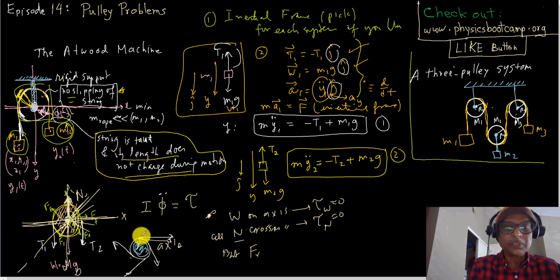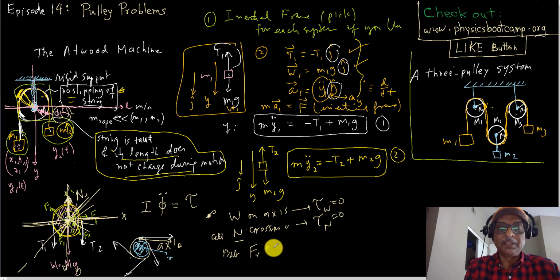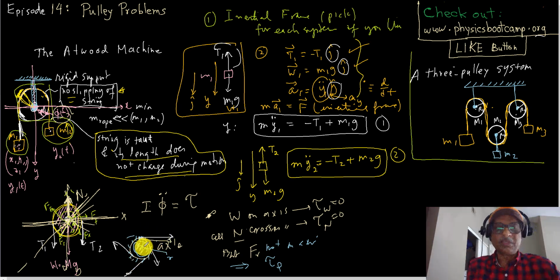So those are the frictions the axle is applying, and this is the radius of the axle. The friction is not on axis, so there will be torque, and we're just going to say torque from friction. You'll have to integrate all of this, add up every force times this radius.